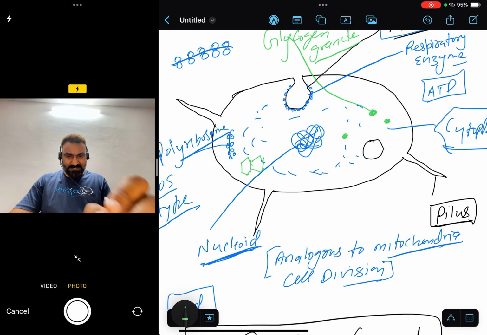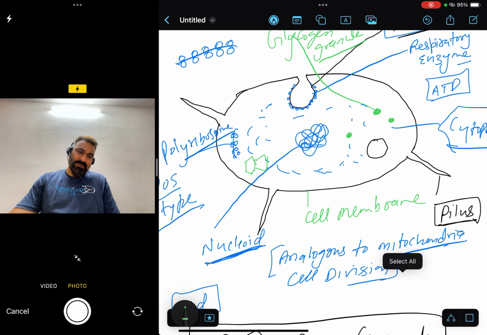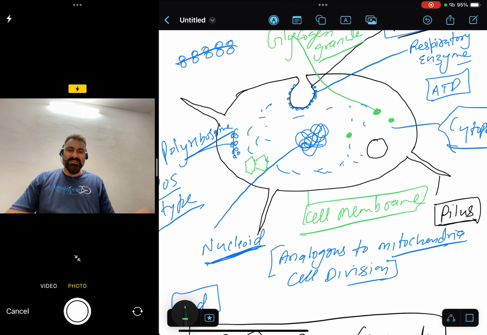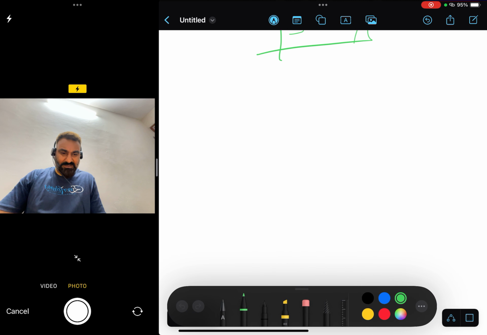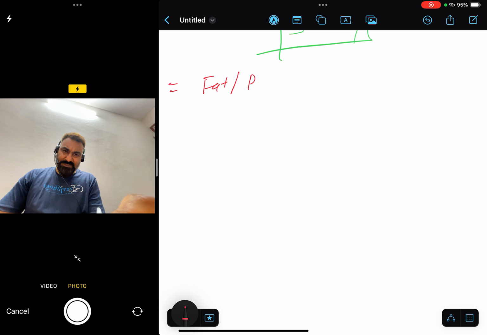Let us discuss the surrounding structure, that is known as the cell membrane. Like other cells, bacteria also contain a cell membrane, and the cell membrane is mostly made up of three things. What are these? First is the fat, which is present in the form of phospholipids.